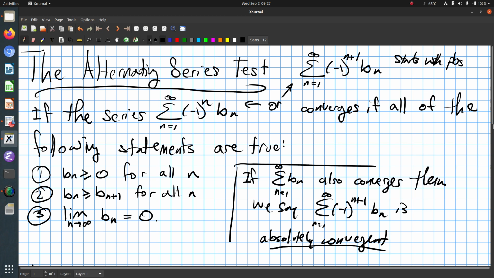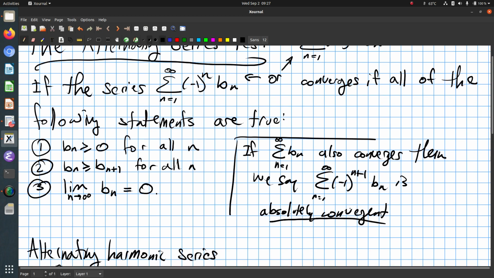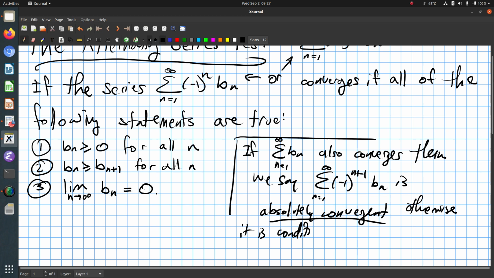Otherwise, we say it's conditionally convergent.